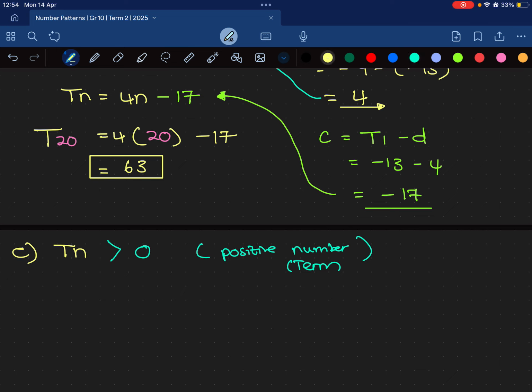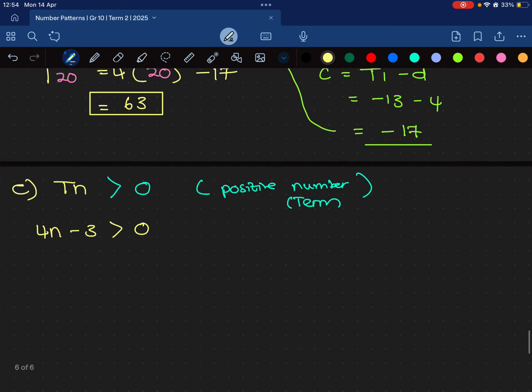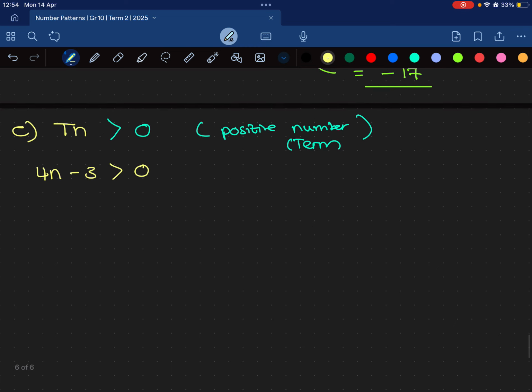Now you have to remember your rules of inequalities. So I know that Tn is 4n minus 3 is greater than 0. Now you just solve like normal inequalities, which is what we did last term. So we take the 3 to the other side, it becomes positive 3. And then we divide both sides by 4, so we have 3 over 4.